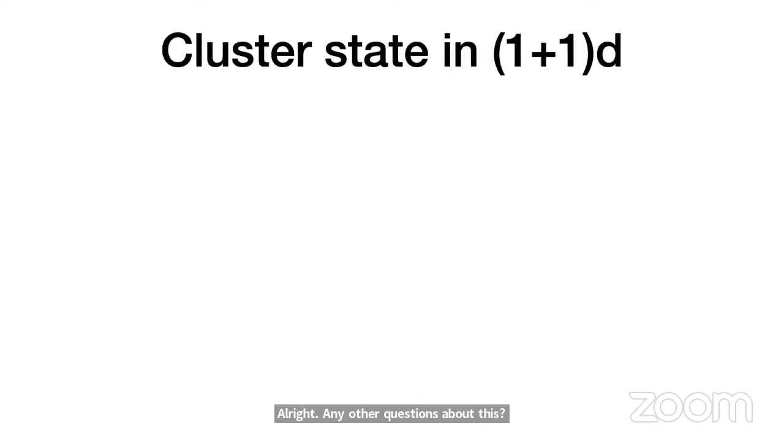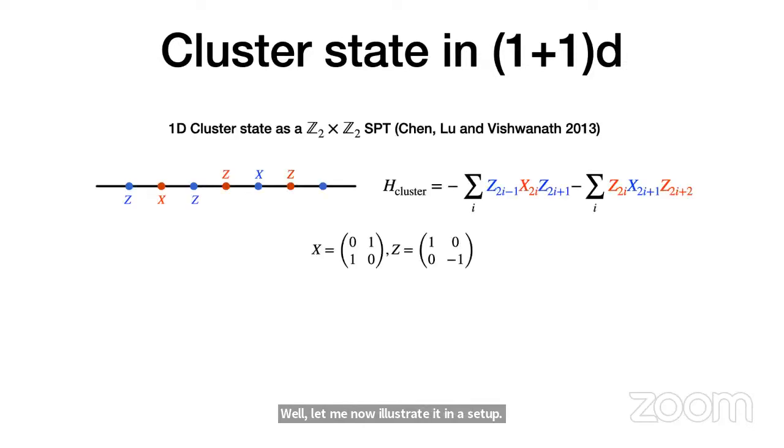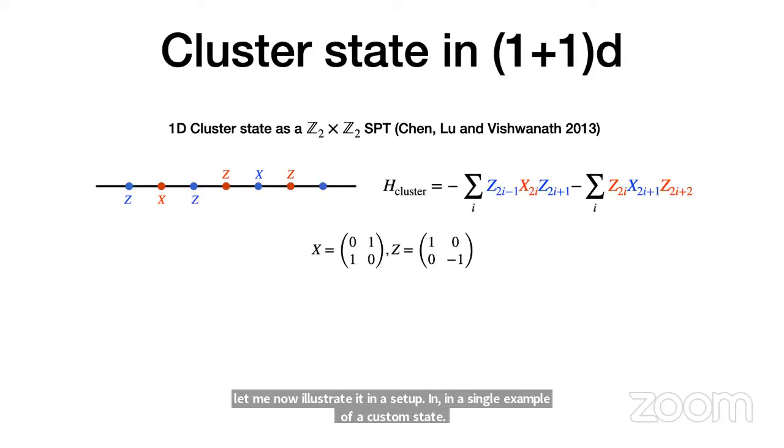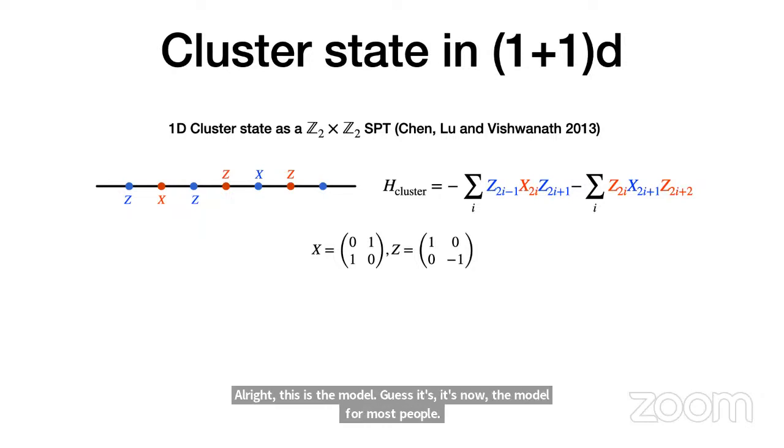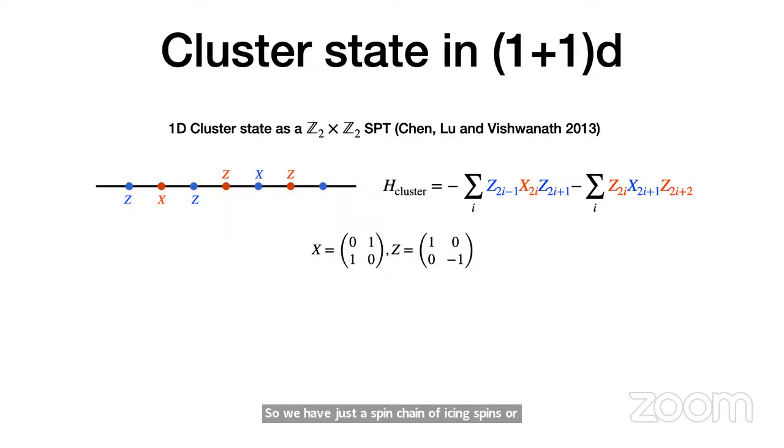Well, let me now illustrate it in a simple example of a cluster state. All right, this is a model, I guess now a familiar model for most people. We have just a spin chain of Ising spins, or qubits if you like, and I'll call the Pauli operators Z and X. I've used different colors for the two sublattices, the blue one and the red one.